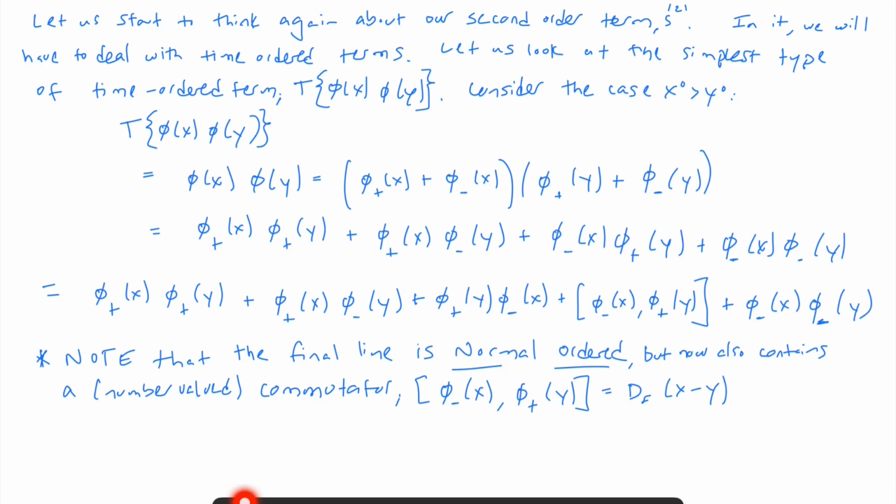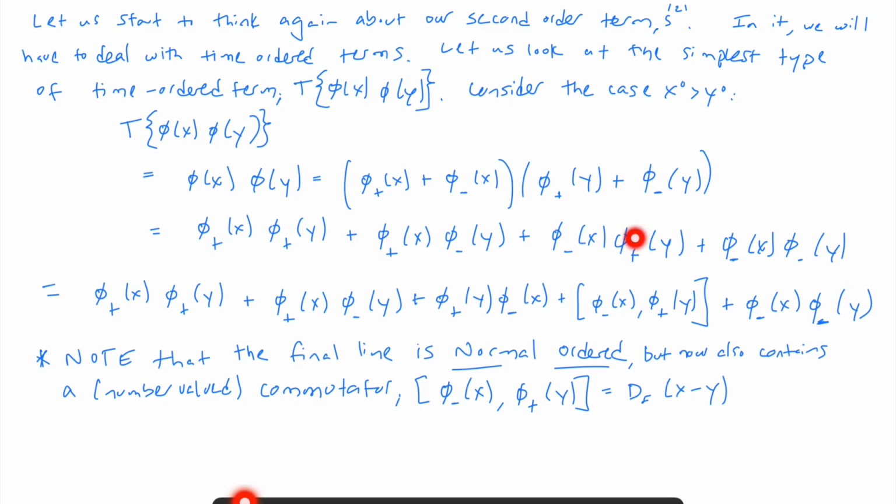Remember, plus and plus are creation operators. So there's nothing to do; this is already normal ordered. This here is also normal ordered because it has the destruction operator on the right, and this term here is also normal ordered because you have destruction and destruction. So all the destruction operators are already as far to the right as they can be.